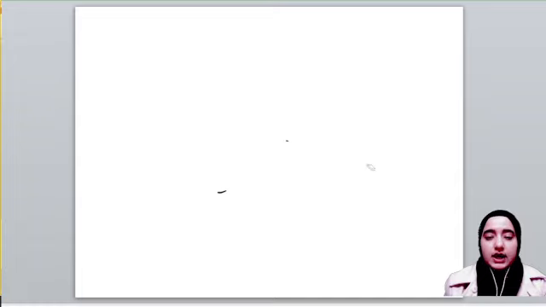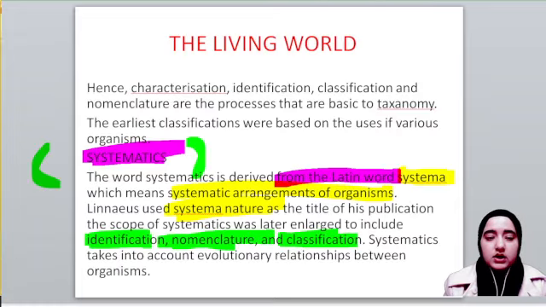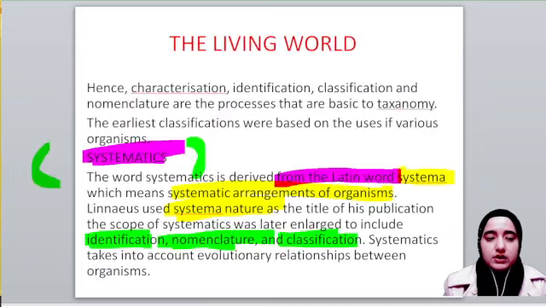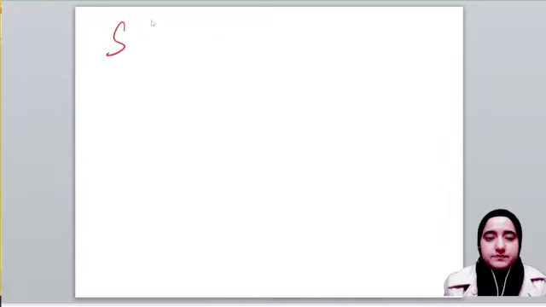You might get an MCQ: which of the following includes evolutionary relationship? It's nothing but systematics.